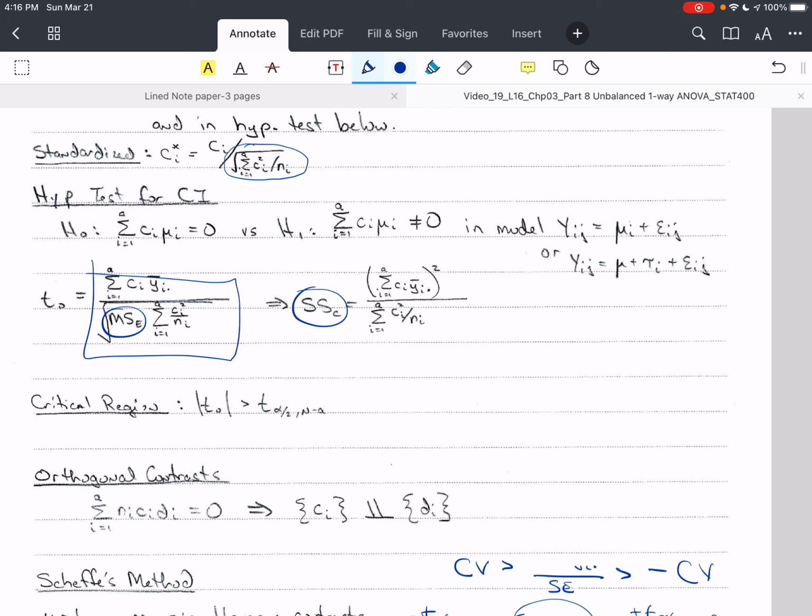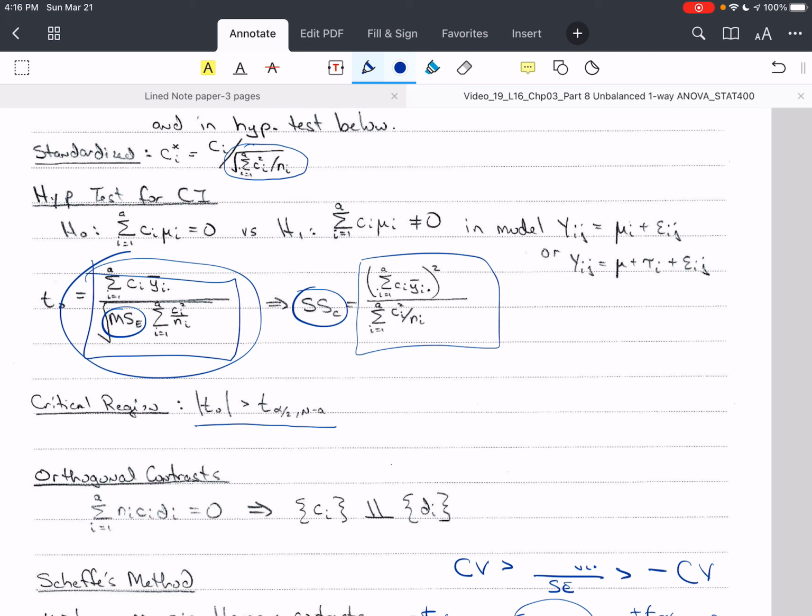So if we take everything but that, we square t, and then we take out the MSE, we end up with this expression here, which is our sum of squares of the contrast. Okay? Now the critical region is that the absolute value of t naught is greater than t sub alpha over 2 with n minus a degrees of freedom. So this is the exact same critical region we had before for these contrasts.